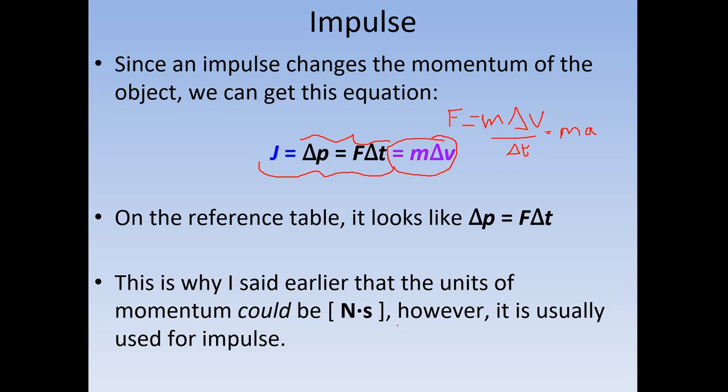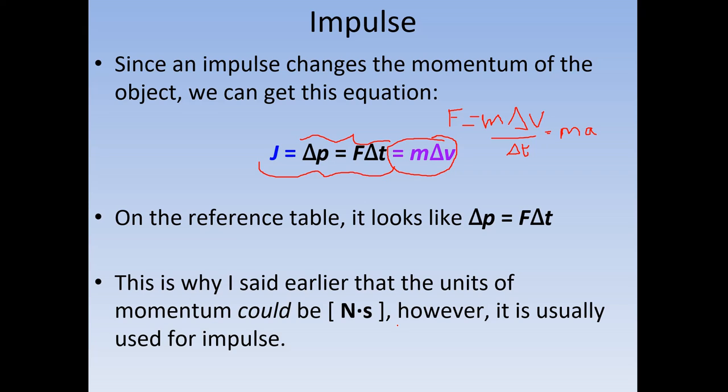This can lead to some confusion, since they'll give you the change in momentum and then ask for the impulse. They're the same numbers, but the units get switched and people think that you have to do some calculation. So I want to remind you that they are the same unit, one and the same.